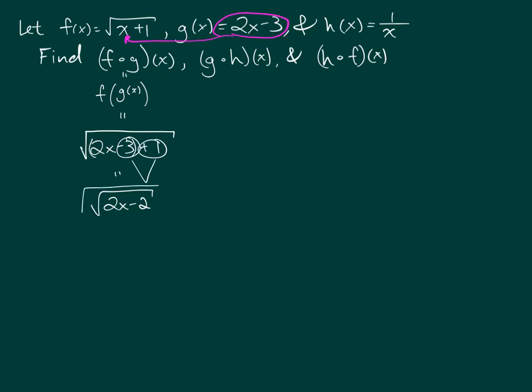So here's the function, and that's fine and dandy. But what is the domain of this function? Well, the domain of this function is first based on the function you're putting into the other. So the domain of the inside function is all real numbers. Here, I don't see any square roots or denominators.